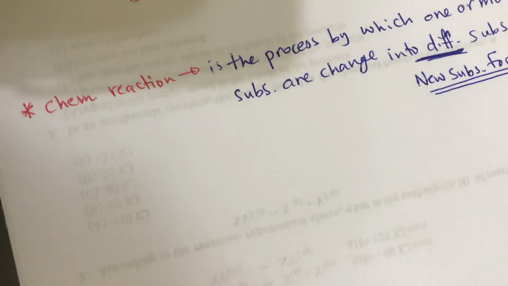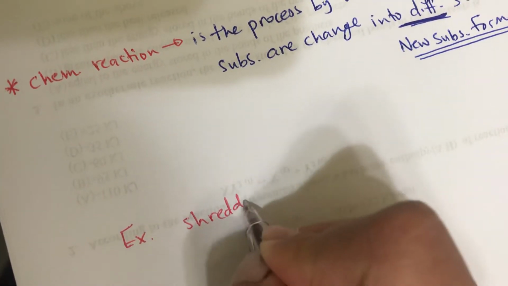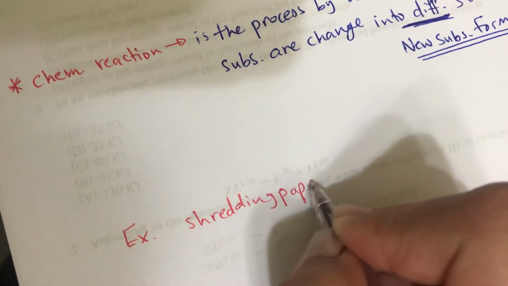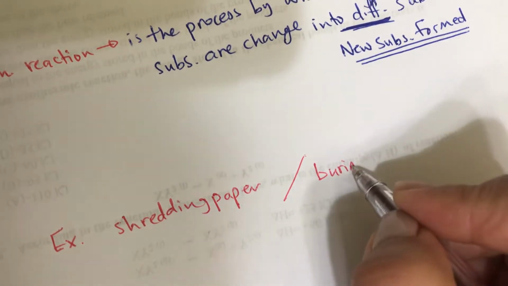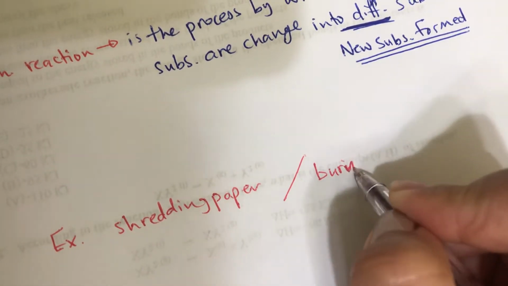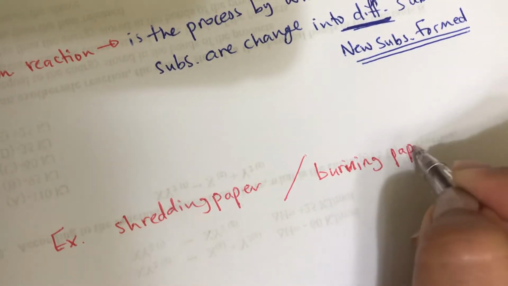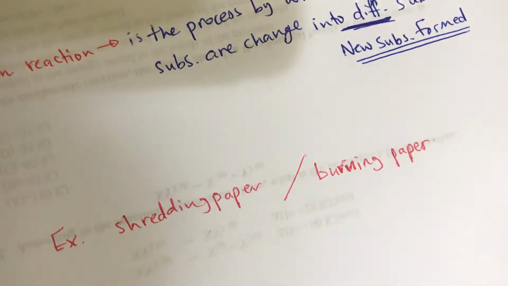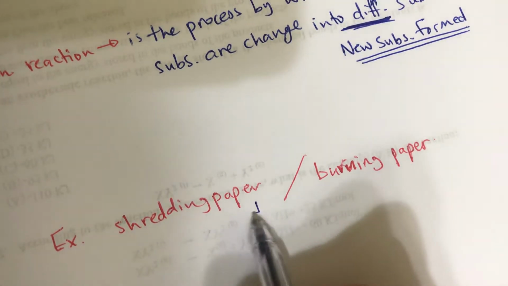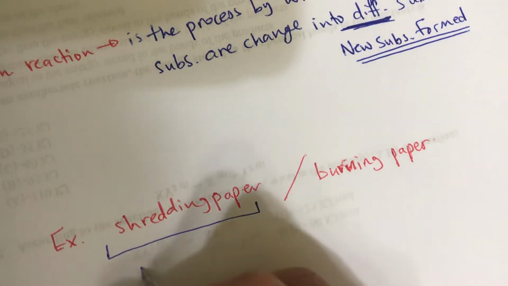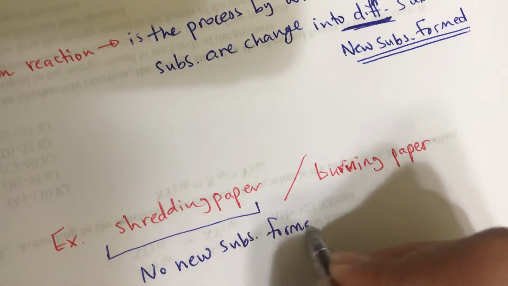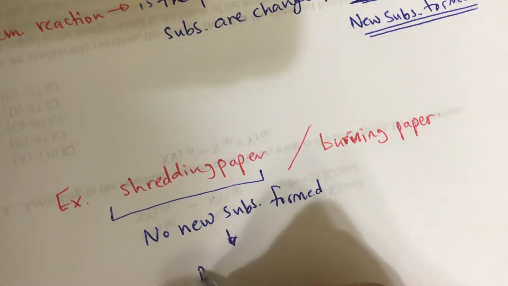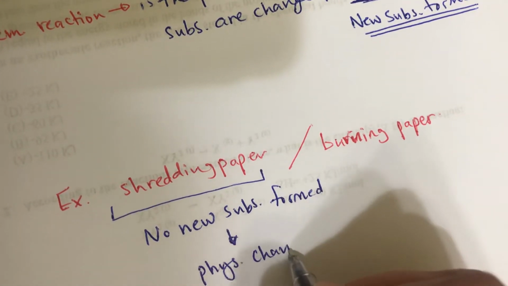For example, shredding paper or burning paper. So in this change, no new substance is formed, so it's a physical change.